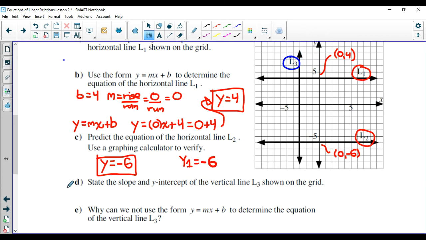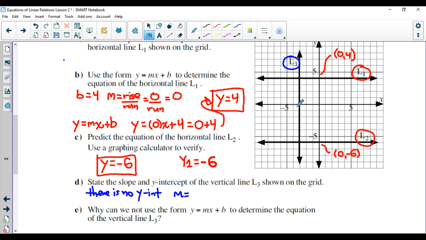This line never actually touches the y-axis. So I could say there is no y-intercept. Now there's an x-intercept, but we'll deal with that in a second. But there is no y-intercept. The line does not cross the y-axis.